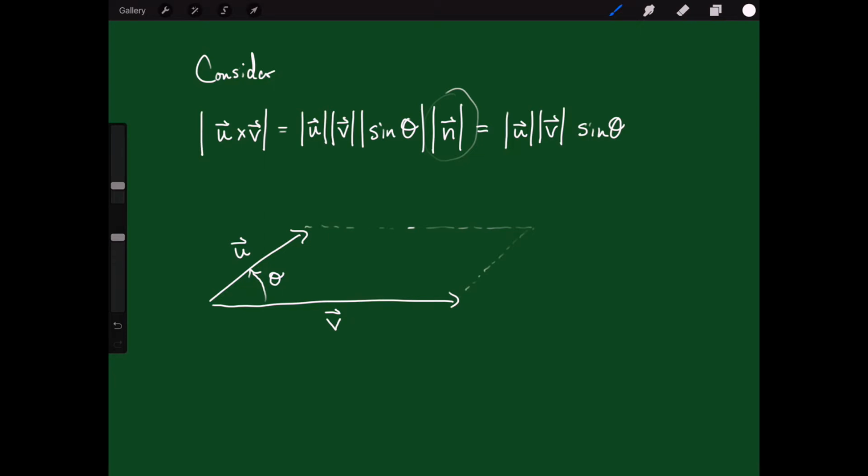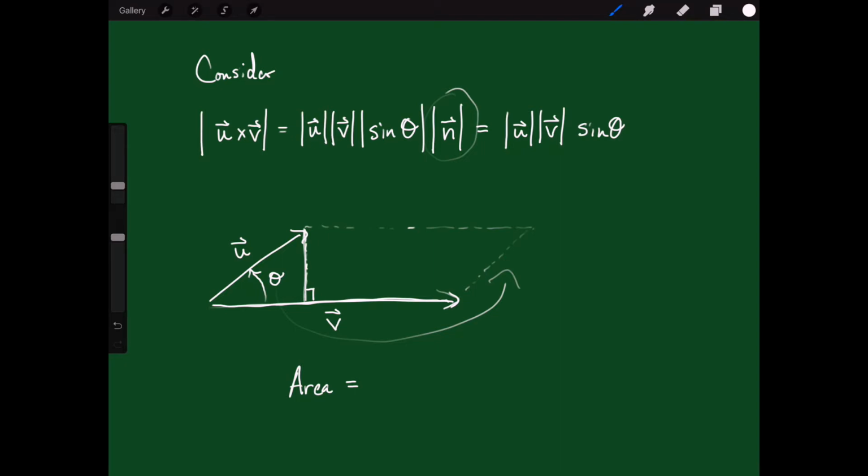Then what is the area of this parallelogram? Well, maybe you remember how to take the area of a parallelogram, maybe you do not, but if I cut off this triangle and moved it over here, then I would just have a rectangle. So I just have the length of the base vector times this height.